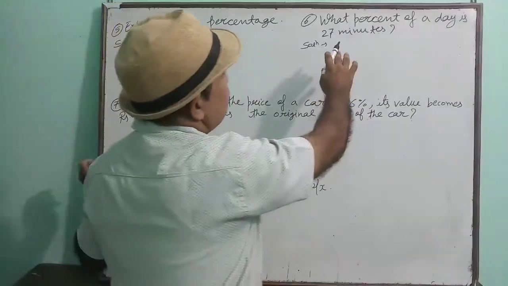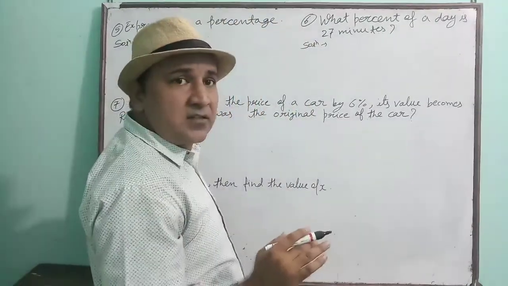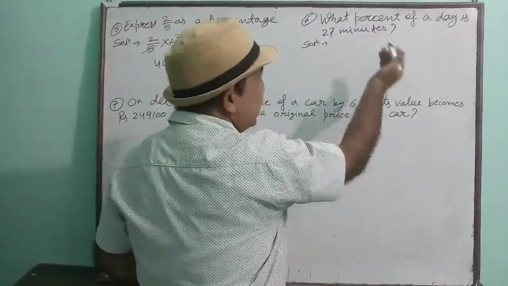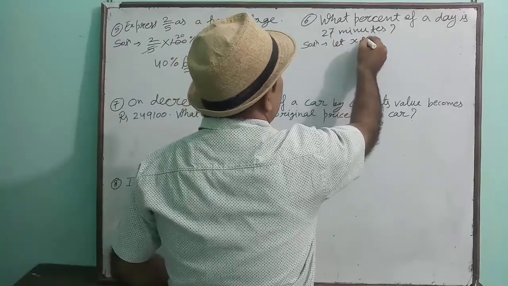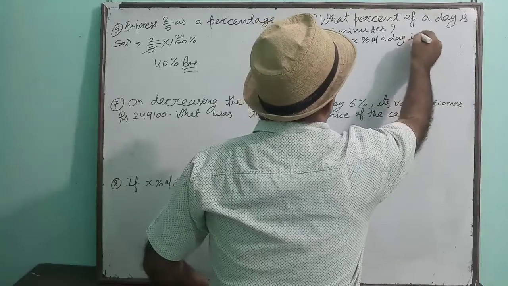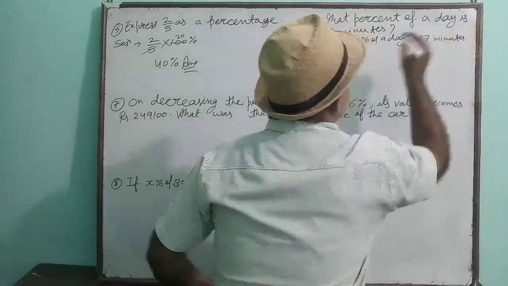Now see question number 6. What percent of a day is 27 minutes? Though you can do directly also, you can suppose x, then also you can solve. Suppose x percent. Let x percent of a day is 27 minutes.